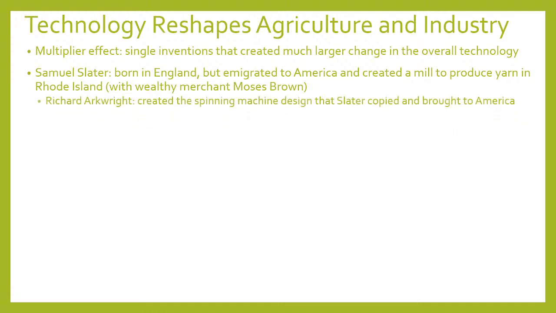The spinning machine that Slater copied and brought over was designed by Richard Arkwright several decades before, if not a century before. I forget exactly what years we're working with here. But the machines went through a number of different variations. Arkwright was the one that created the version that Slater worked with. We'll see a later version still.